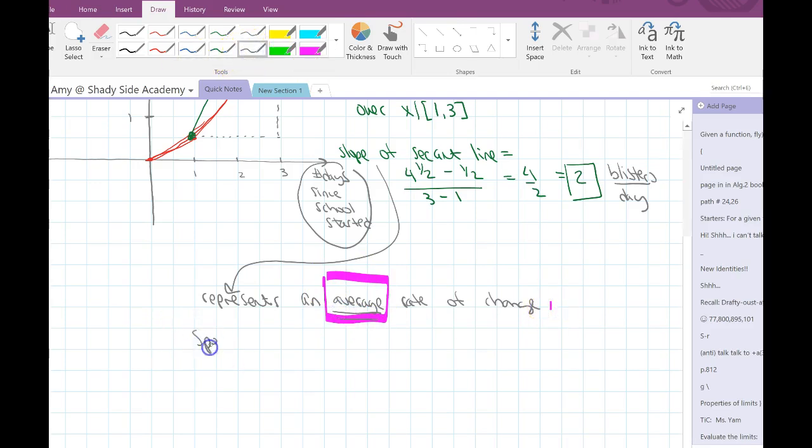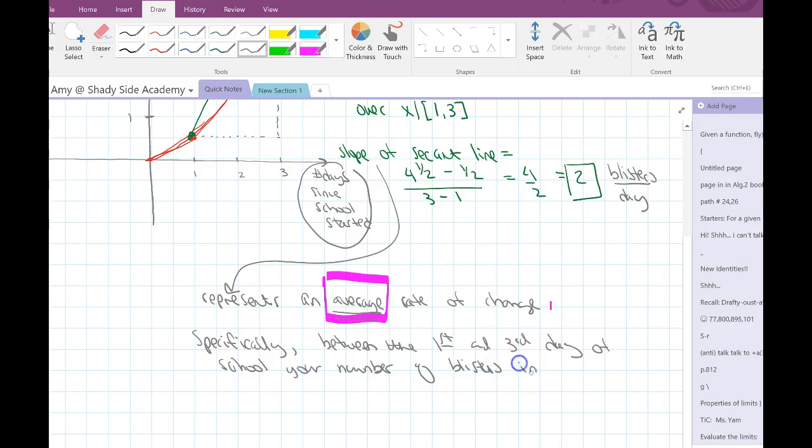Specifically, we'd say the following. Between the first and third day of school, your number of blisters increased at an average rate of 2 blisters per day.